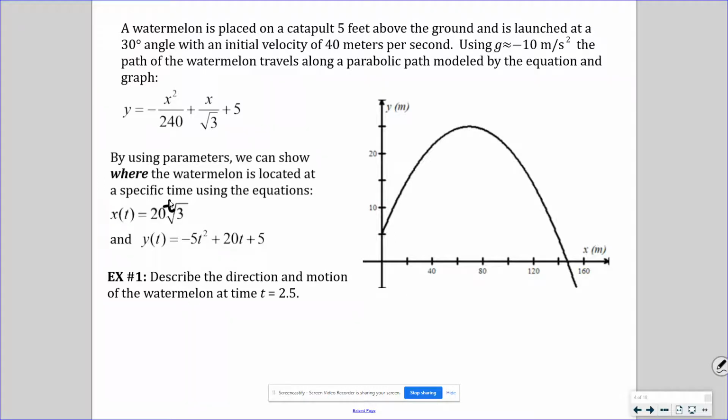So example 1 says describe the direction and motion of the watermelon at the time t equals 2.5. You're going to do this in 2 steps. The first step, you're going to take 2.5 and plug it into the x equation for t. You're going to grab a calculator and solve that, and you would get 86.6025, okay?